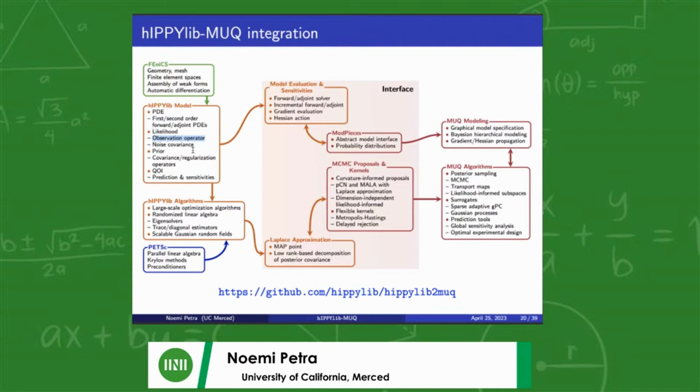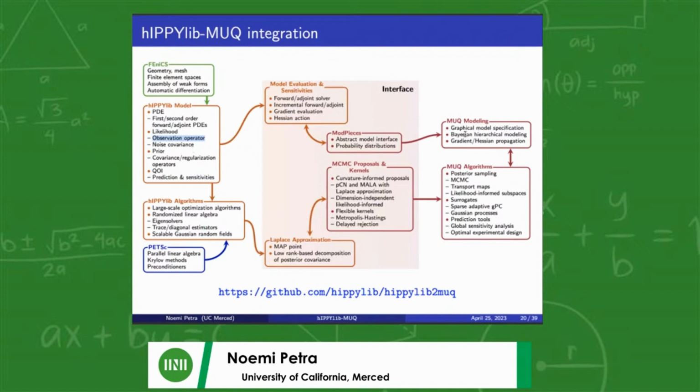We offer also the ability to define various quantities of interest and the prediction and compute sensitivities. And as I mentioned, the algorithms consist of optimization related algorithms, inexact Newton CG, randomized linear algebra, eigensolvers, trace and diagonal estimators, and so on and so forth.